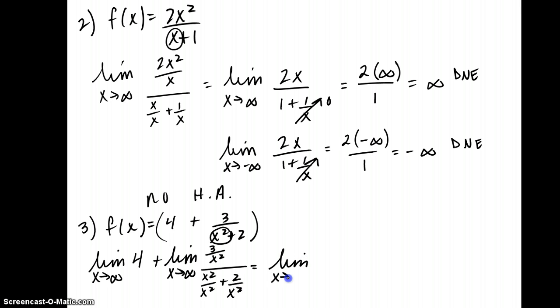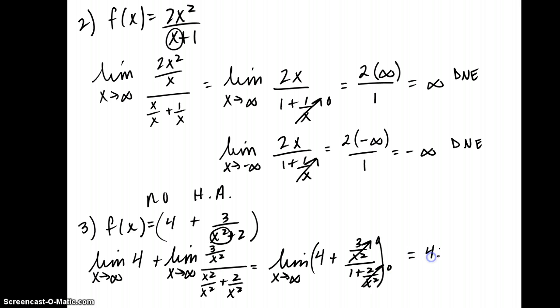So I have the limit as x approaches infinity of 4 plus 3 over x squared all over 1 plus 2 over x squared. So now when I find the limit of each individual piece, this limit approaches 0 according to my theorem, as does the one on the bottom.